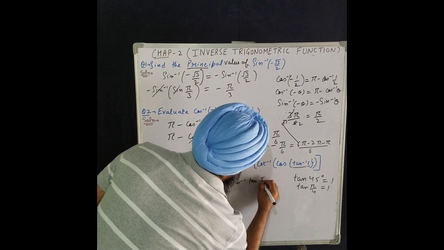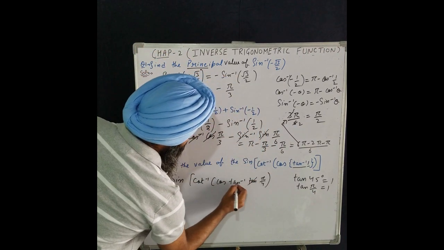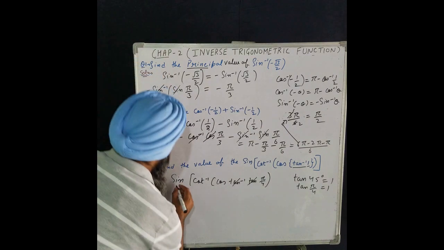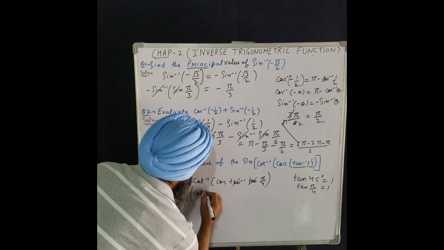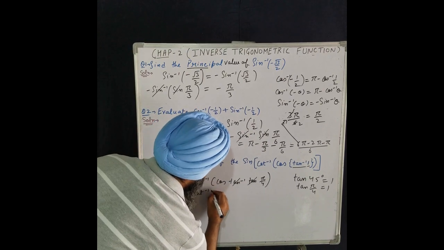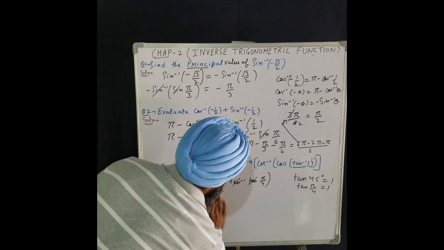tan pi by 4. Okay, so tan and tan inverse cancel out. The value comes out to be sin cot inverse cos pi by 4.